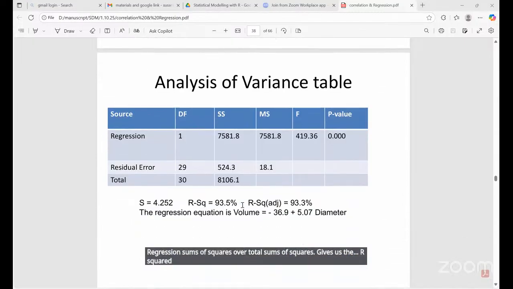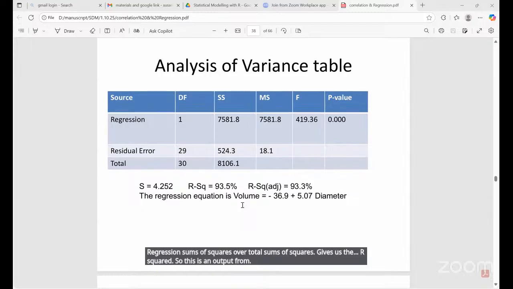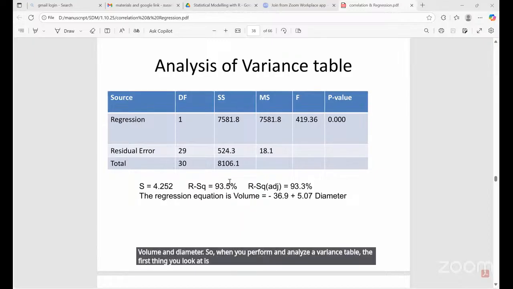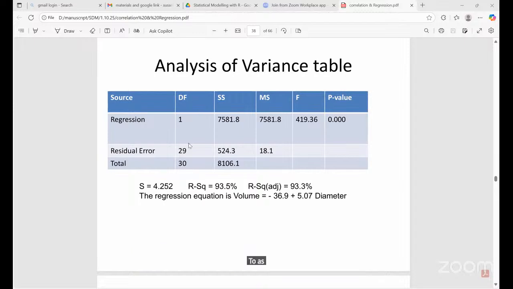This is an output from software, and the analysis was between volume and diameter. When you perform an analysis of variance table, the first thing you look at is the degrees of freedom, to ascertain whether the analysis is correct. In case you enter anything wrong, it's going to come up in the degrees of freedom.